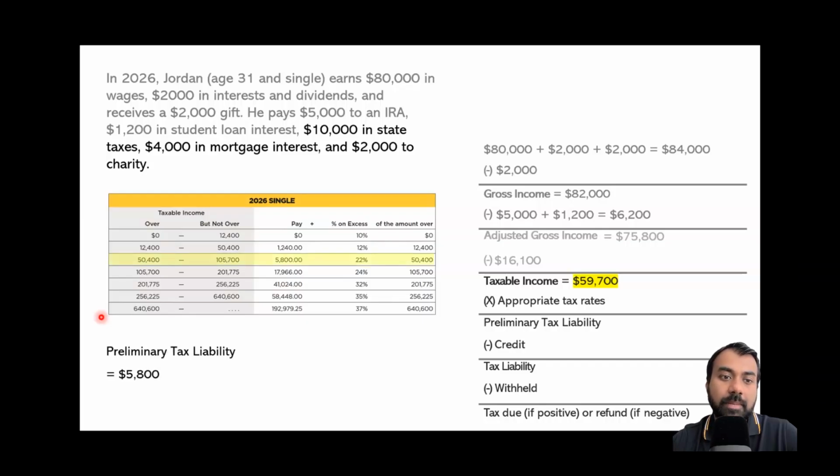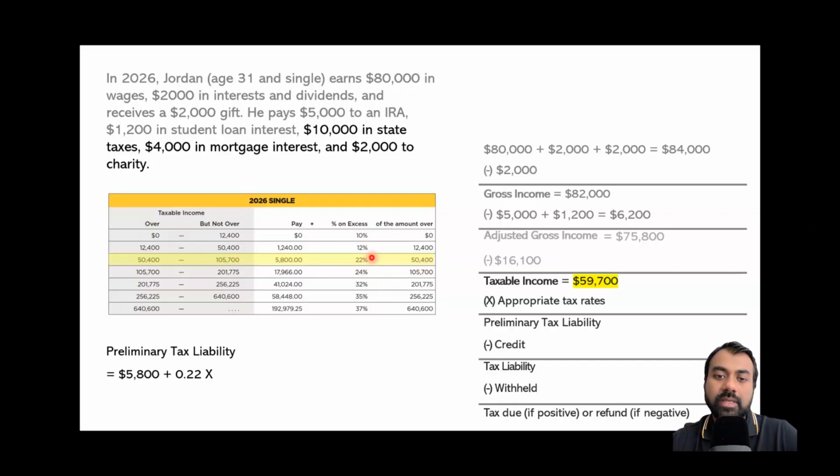I can see that my 59,700 will be exactly in this row that's between 50,400 and 105,700. So my 59,700 falls within this range. And then for any taxable income that falls within this range, this table says we have to pay 5,800. Then we are going to take 22% of the amount that's over 50,400.